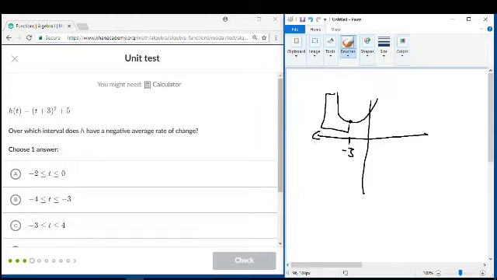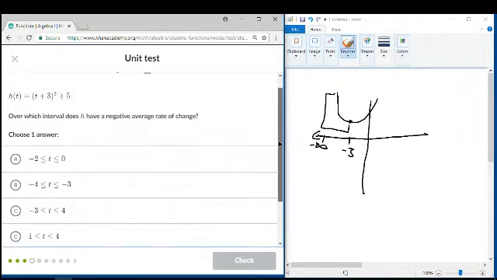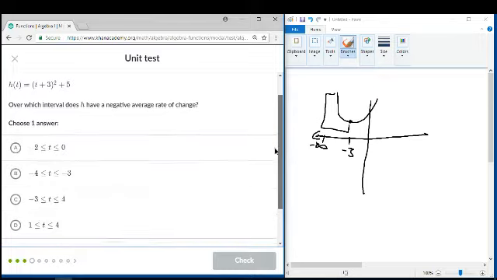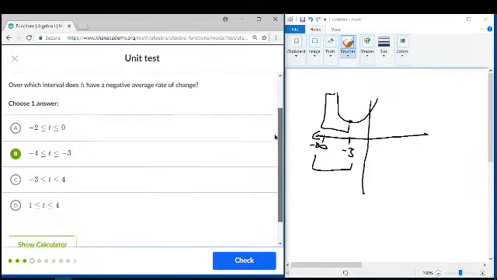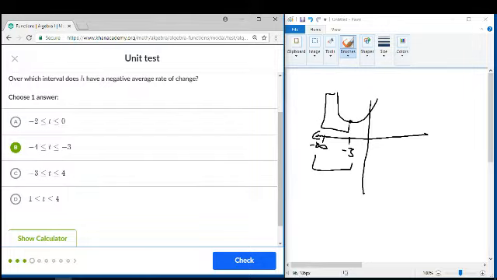So when we go look at that interval, that's going to be all values between -infinity and -3. So let's see which interval fulfills that. Well, -4 to -3 is the only one that is in the interval from -infinity to -3. All other ones do not fit in the interval, so this is our answer.